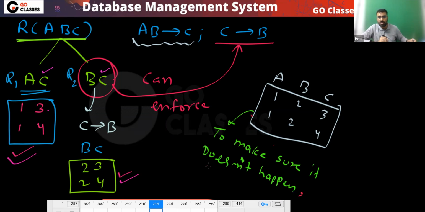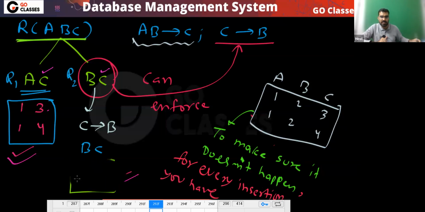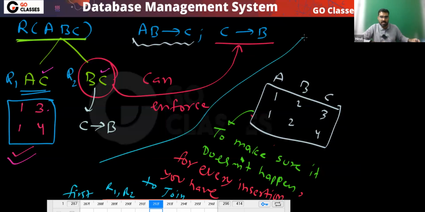For every insertion, you have to join R1 and R2 first. Is this clear? Let me know. Now, is this crystal clear? Is this point clear?